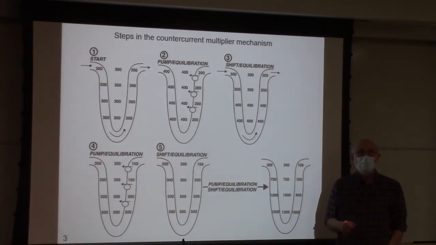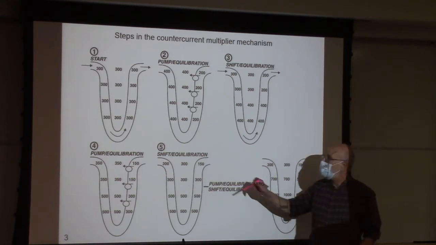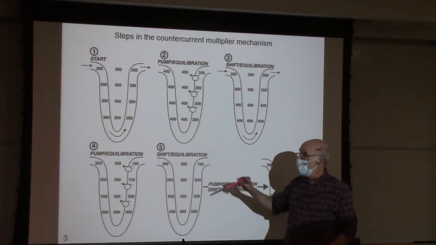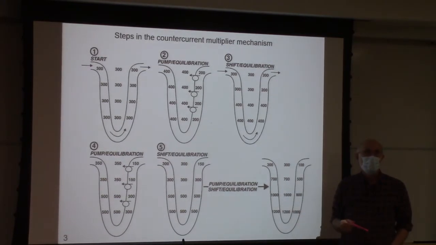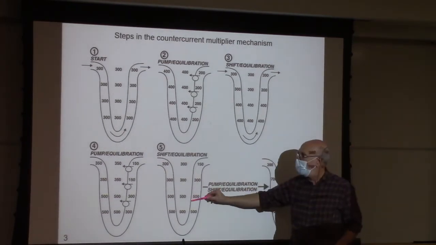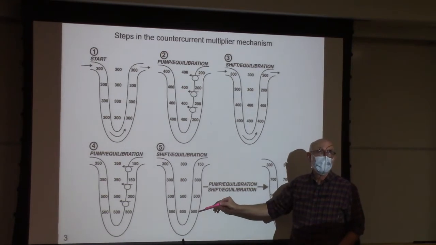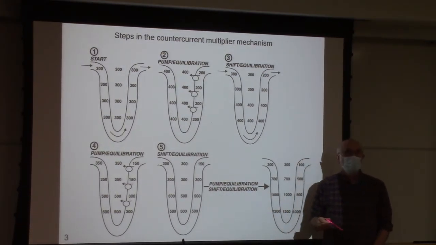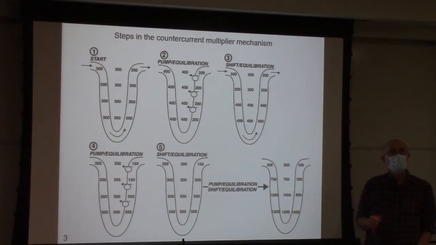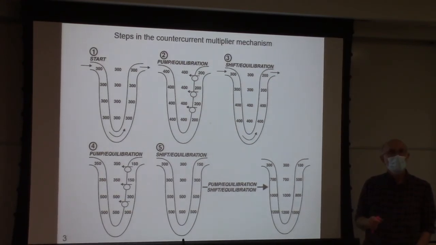Yeah. If we didn't have the loop, it wouldn't work, it wouldn't happen. If we didn't have the differential pumping on one side and equilibrating on the other side, it wouldn't happen. The more the pumping, the more it happens. The longer the loop, the more it happens. My confusion was, because it equilibrates, wouldn't it be the same all the way down?